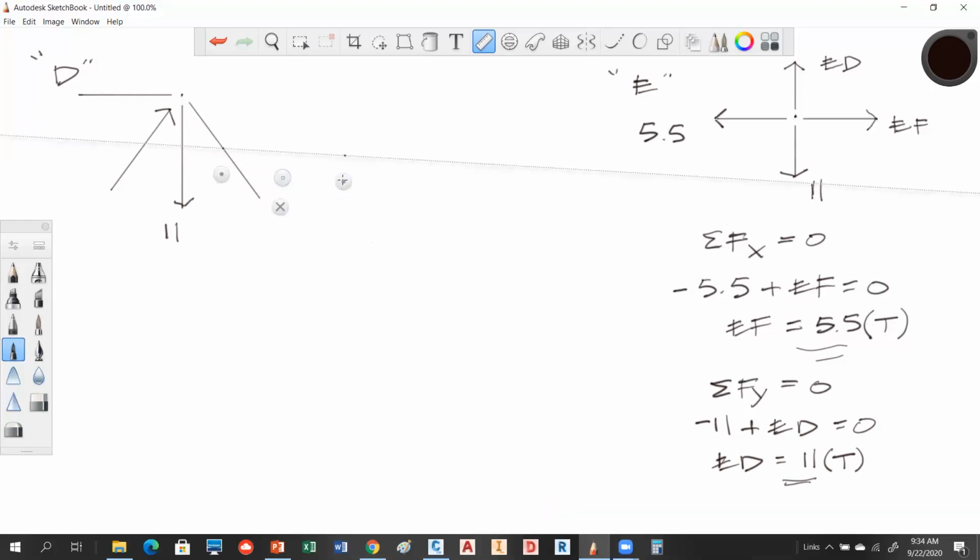So what I'm going to do is draw my components here. I have a horizontal component for that guy and a vertical component for that guy, okay? They're way better when you start doing these kinds of things to think about. So if that guy's going that way, this guy has to be going up and that has to go right. Now, let's make sure we get the right numbers. What was the horizontal component for CD?